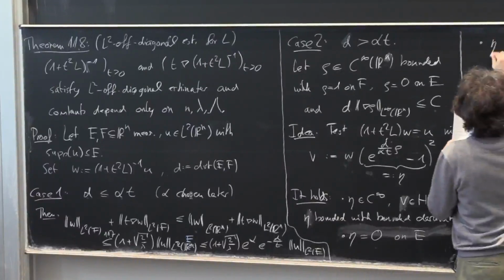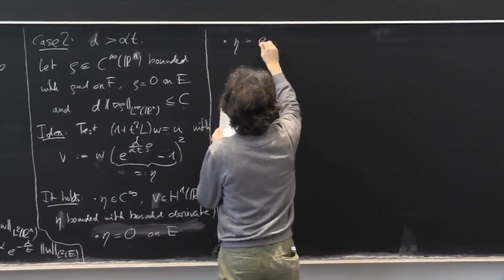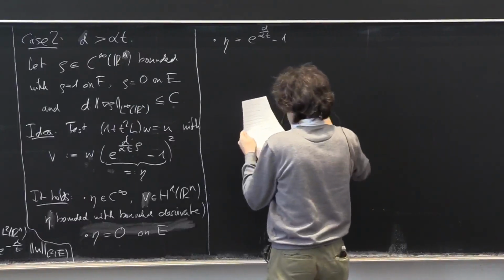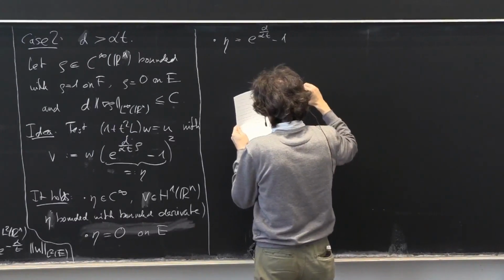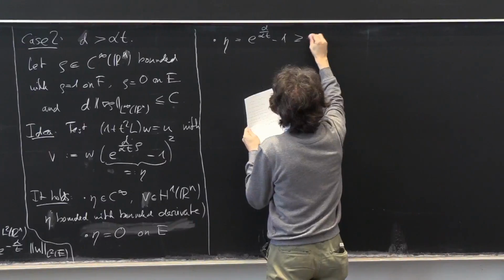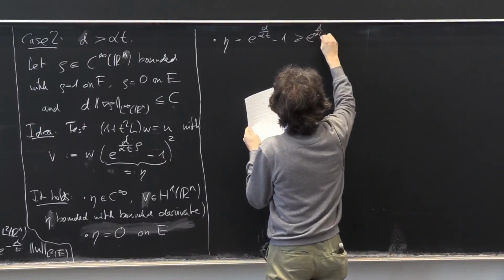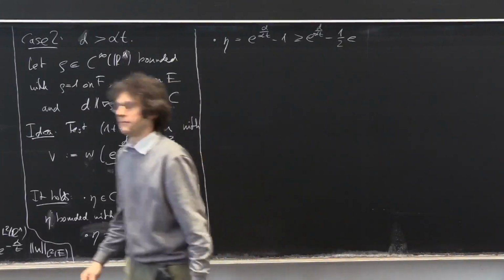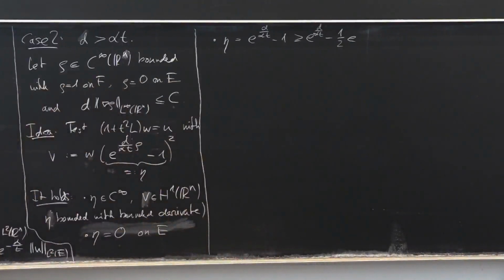So eta is given by e to the d over alpha t minus 1. We can estimate this from below by e to the d over alpha t minus 1/2 e. This is just using that e is greater than 2.